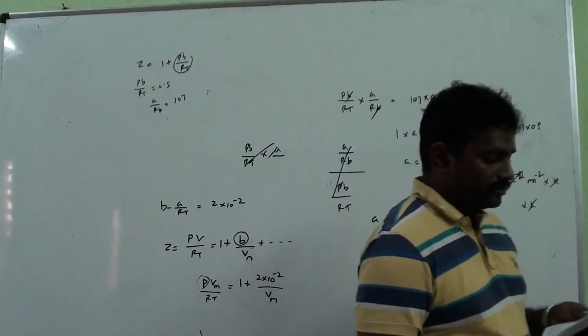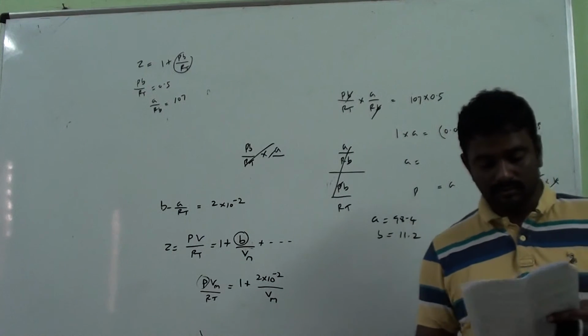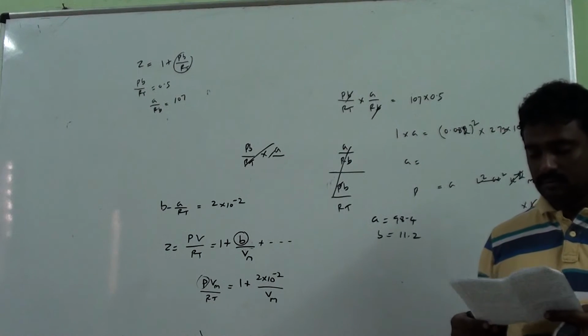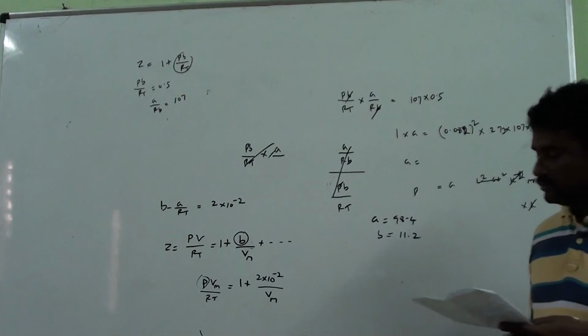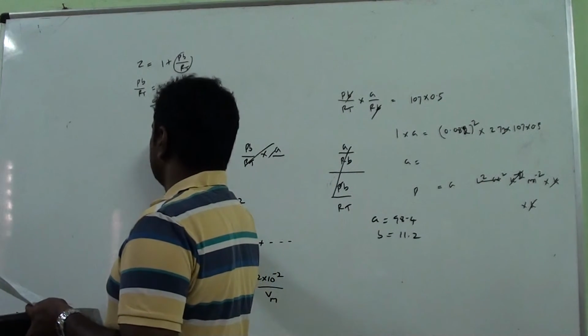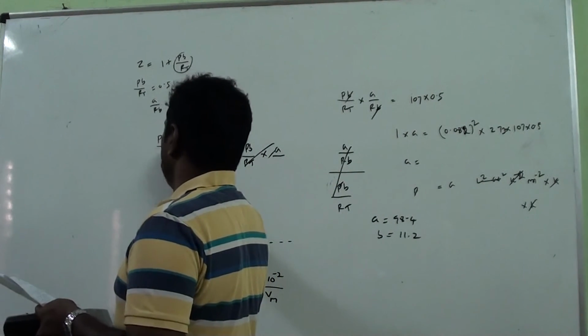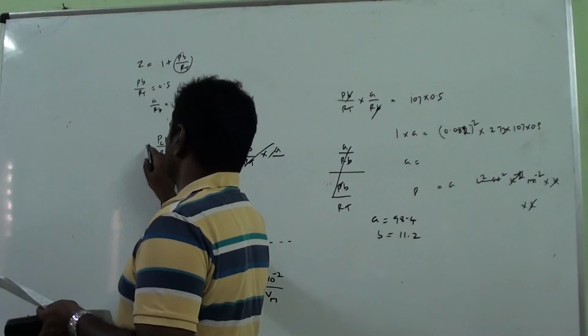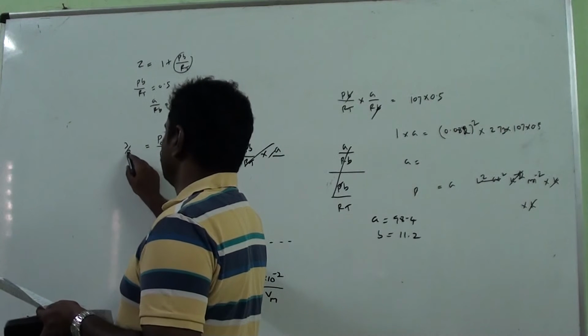Next, 32. For CO2, critical density. Critical density. So Pc Vc by R Tc equal to 3 by 8.